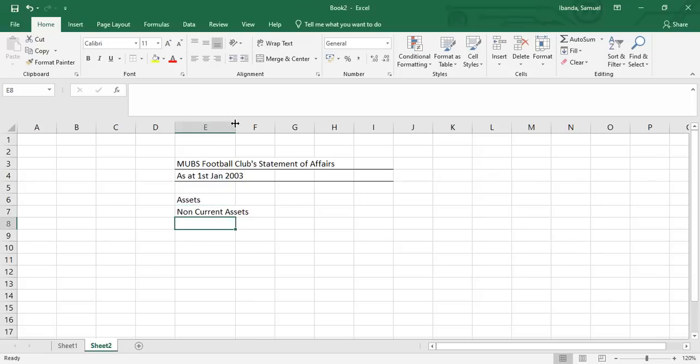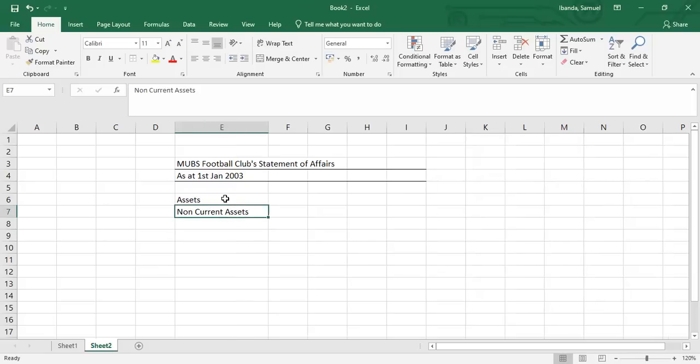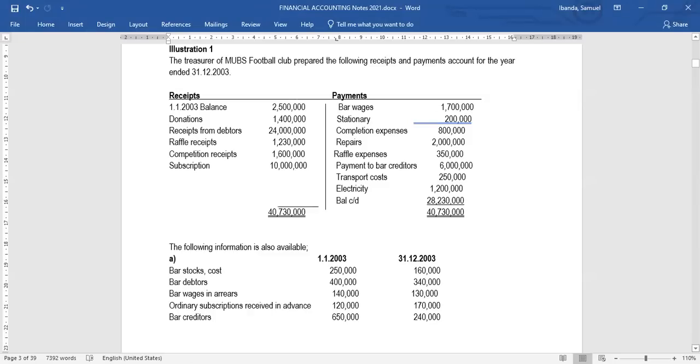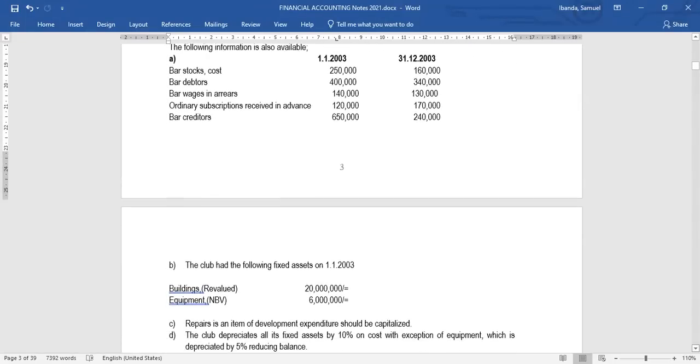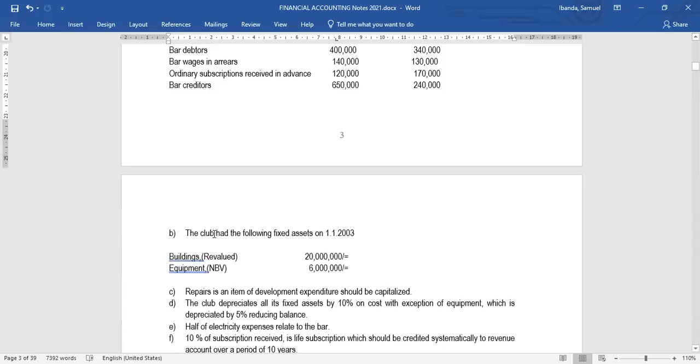Ours is to look for assets as at the start of the financial period. When you go back to our question, there are different assets that have been provided. The club had the following fixed assets as at 1st January 2003: buildings at 20 million, and equipment at 600,000.